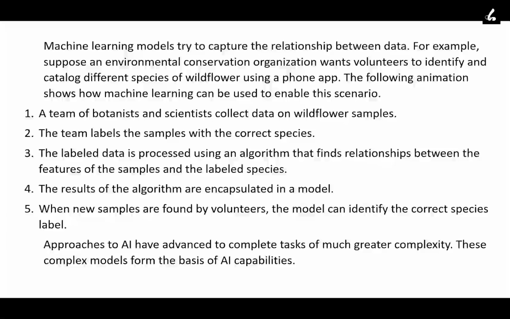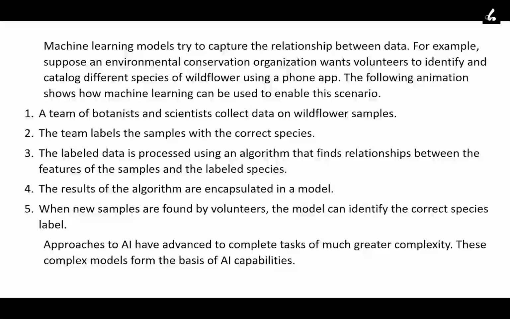Then whenever a new species is found by any volunteer, the model can simply identify it and correct the species label. If a new species is found by a new volunteer, that application simply identifies what the species name should be, and from where it was collected.